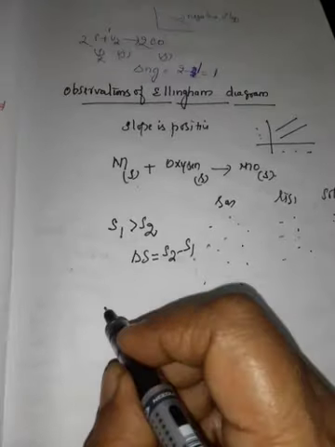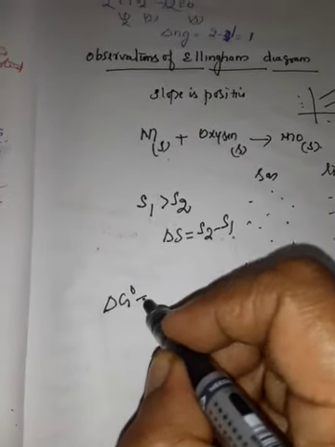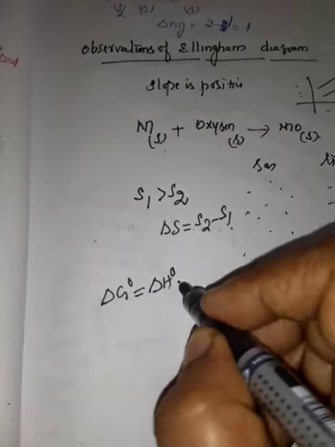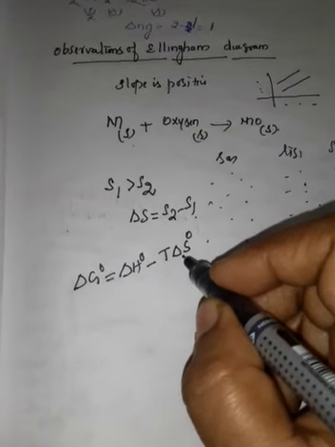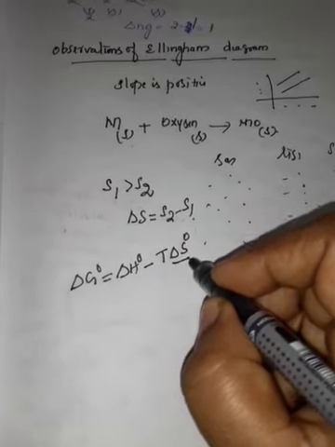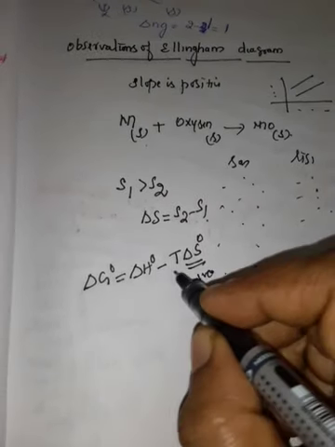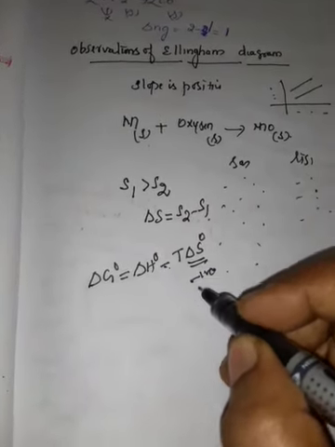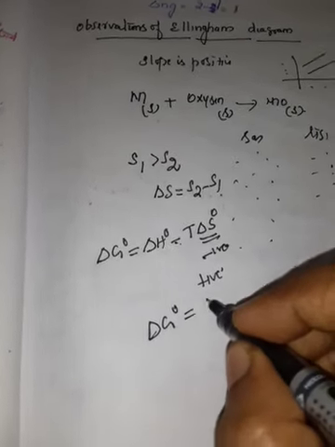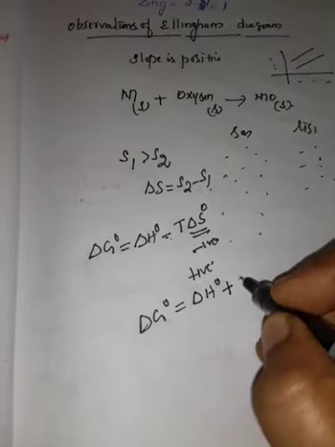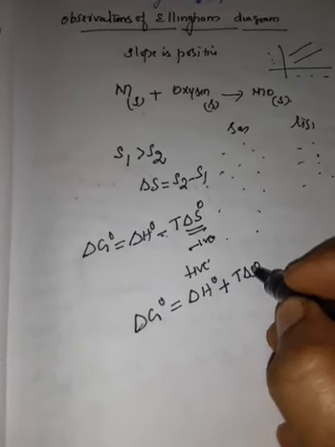Delta G naught equals delta H naught minus T delta S naught. If delta S naught is a negative value, the negative becomes positive, so delta G naught equals delta H naught plus T delta S naught.